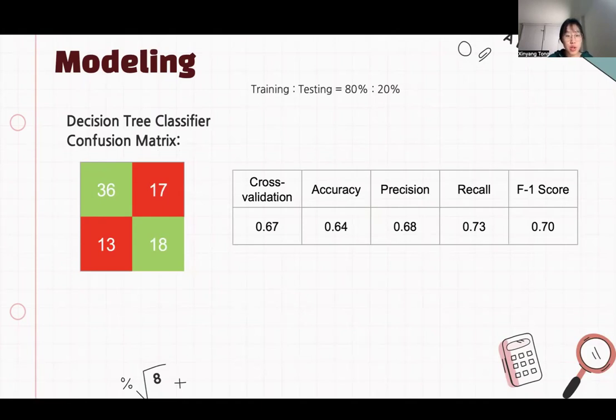After the calculation, we can find that the cross-validation score is 0.67, the accuracy is 0.64, the precision is 0.68, the recall is 0.73, and the F1 score is 0.7. Later we will compare these values with the other models' results.